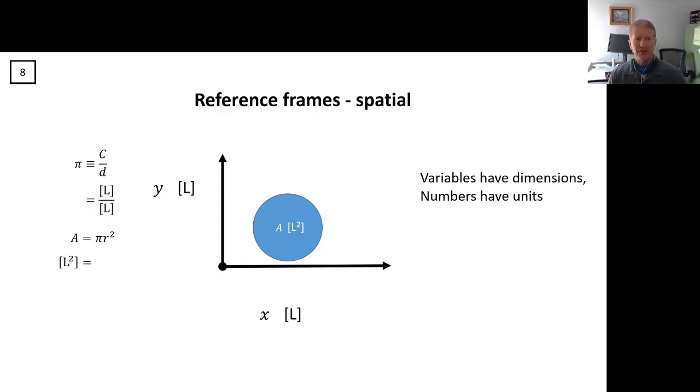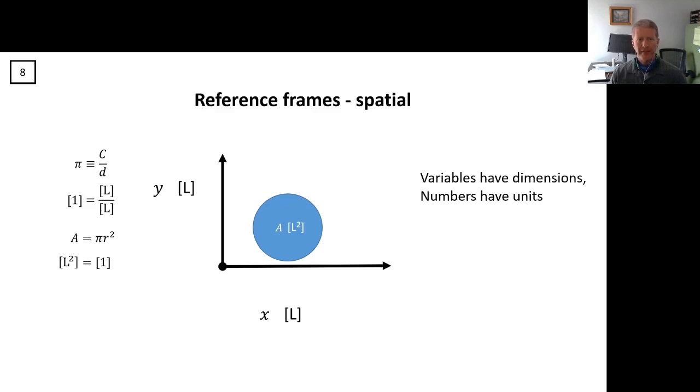So if both the circumference and the diameter are lengths, those can divide out, and they result in what we call a dimensionless number. In notation, dimensionless numbers can be denoted with a 1 in the square brackets, indicating that it's a count. It's just a number. It doesn't have dimensions.